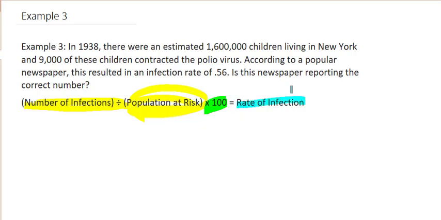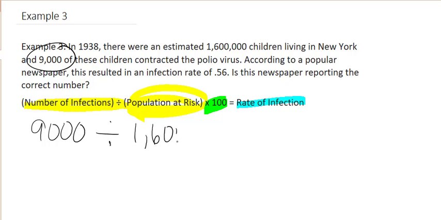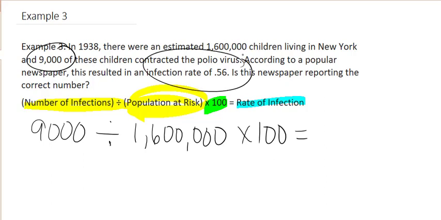So let's substitute our numbers into this equation. We have the number of infections, so we have 9,000 as we get it from our problem. So 9,000 divided by the population at risk, so that is 1,600,000 times 100 is equal to the infection rate of 0.56.